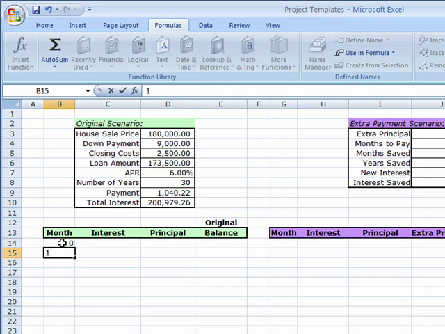Right, let's just fill in a couple of months here. The balance, as you would assume, is the loan amount, so let's just make reference to that. So open up with an equals and reference to D6.